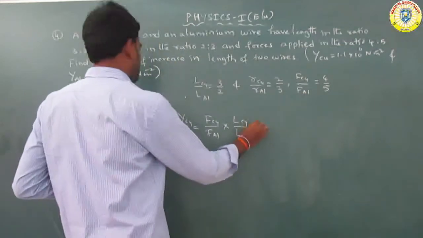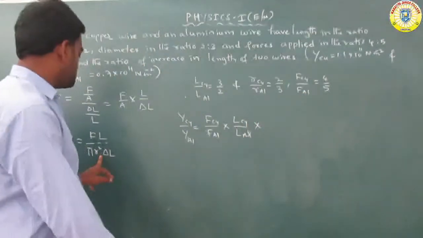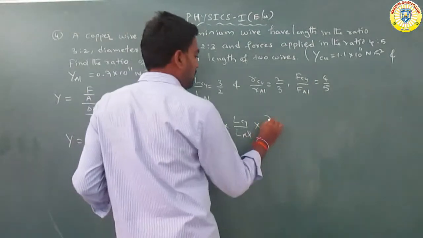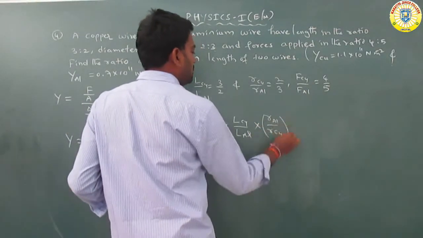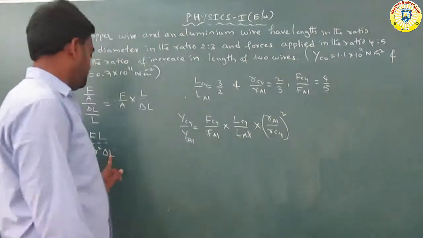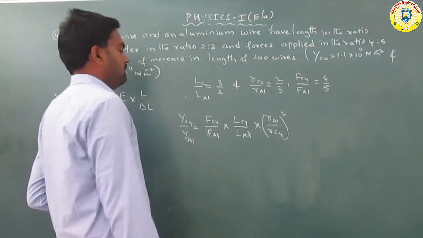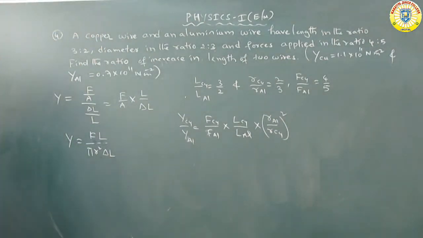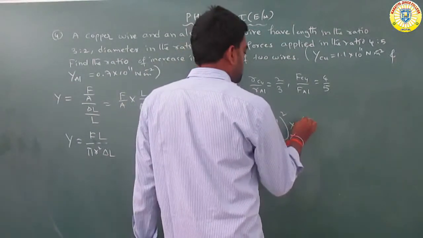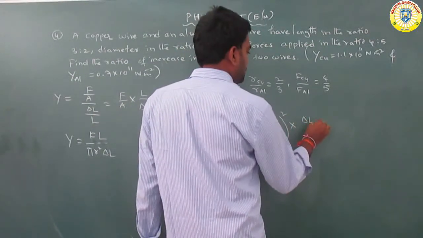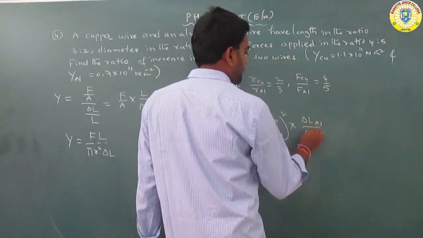Okay, so R squared means R aluminum by R copper whole squared into delta L. The delta L is given, the increase in the length of the two wires; we find the ratio of the increase in the length of the two wires, delta L aluminum by delta L copper.